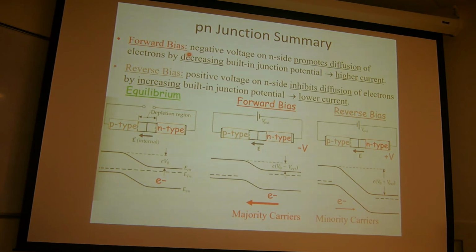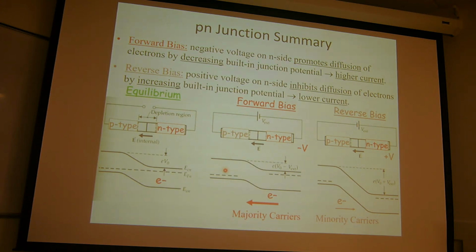All right, so this is a summary of the PN junction, the band diagram under three conditions. At equilibrium, you have the single flat Fermi level, and then you have this built-in potential barrier. For the forward bias, you apply positive voltage to the p-type.